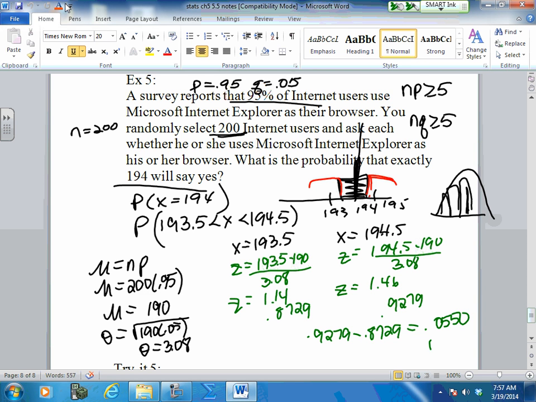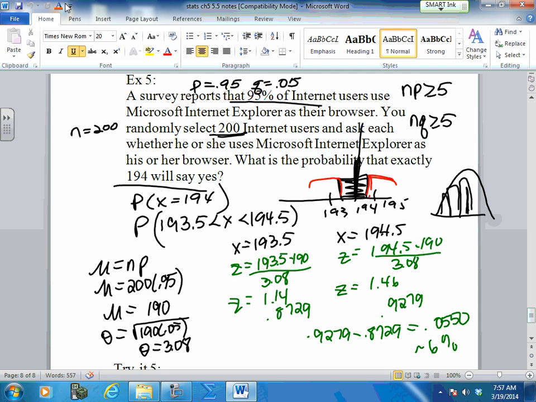So it's about a 6% probability that out of the 200 users, exactly 194 will say yes. It's very hard to get an exactly. If you got 195, it's close, but it's not exactly. So the exactly usually has a very small percentage. It has a very small bar, just one little piece of area. That's all it is. So that has to be a really small number.